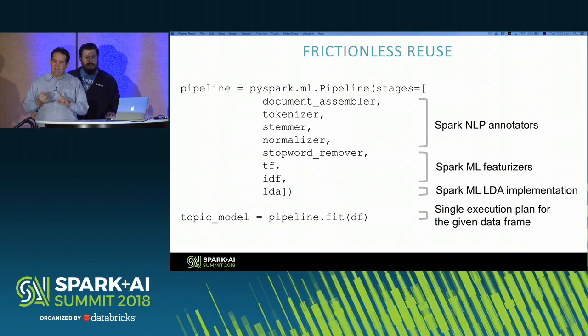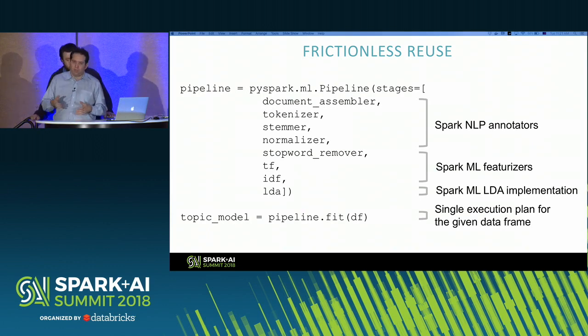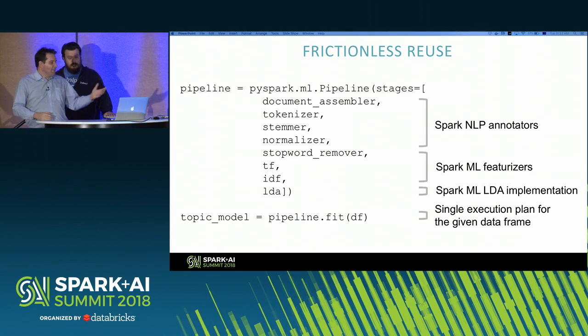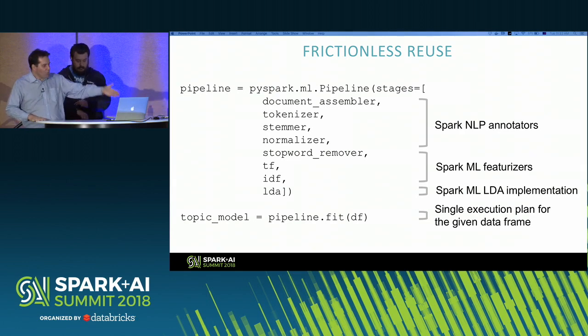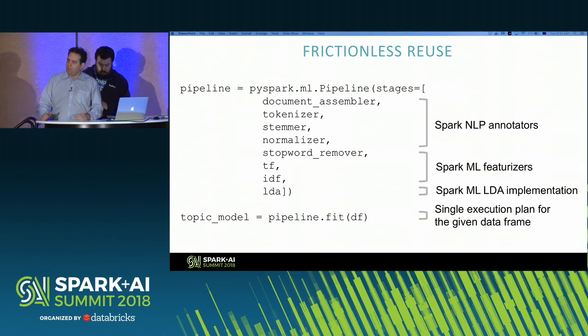All these pipelines are serializable, so you can reproduce them. You can scale them, either locally or distributed. And they're tested with the entire Spark 2.0 code line. The other cool thing here is that once you've defined the pipeline, you call fit to train, or you call transform to actually do inference.